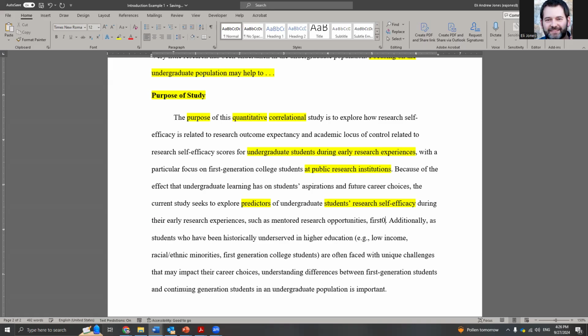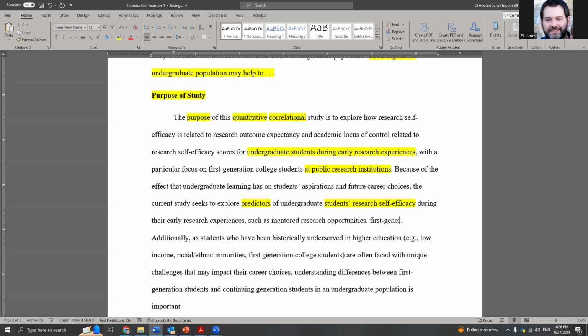First generation status. Maybe I'm really particularly concerned that first generation students might not have all the opportunities that their non-first generation peers do.